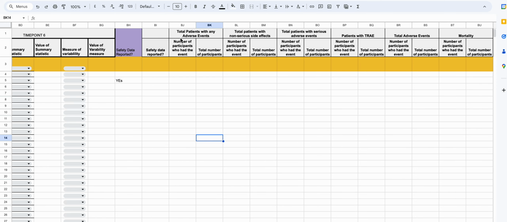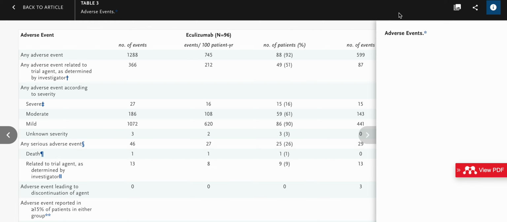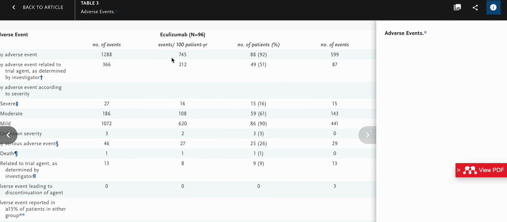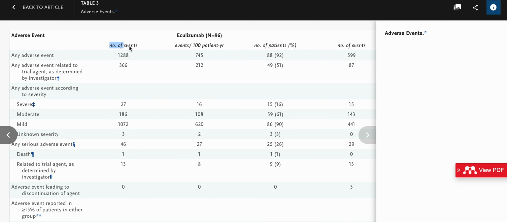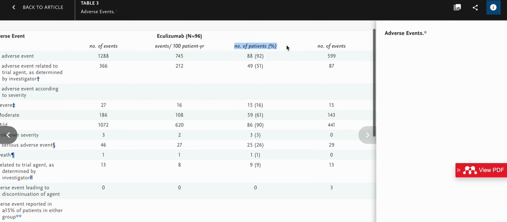So over here we would start from this column. We would see what the adverse events are. For any adverse events they have given a total number of 128 in eculizumab, and they have given it in different forms: number of events, total events, number of patients, percentages.